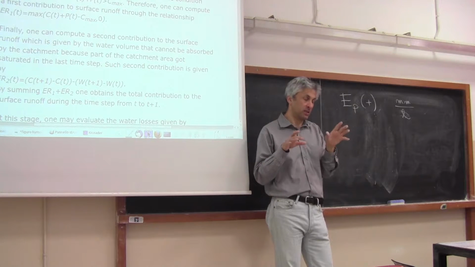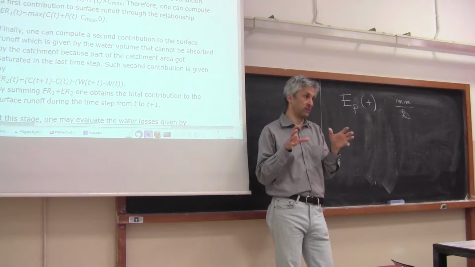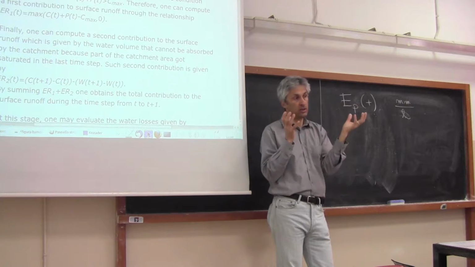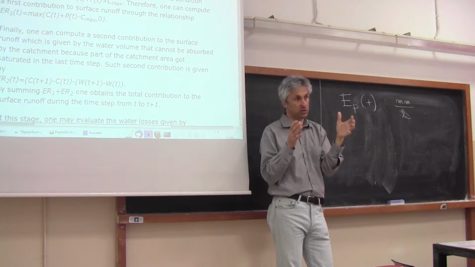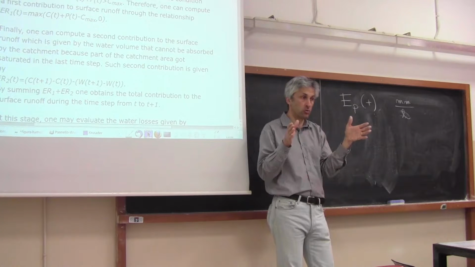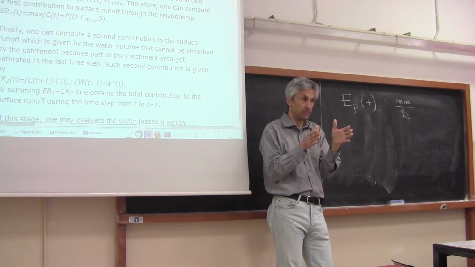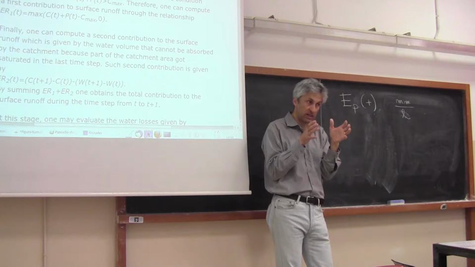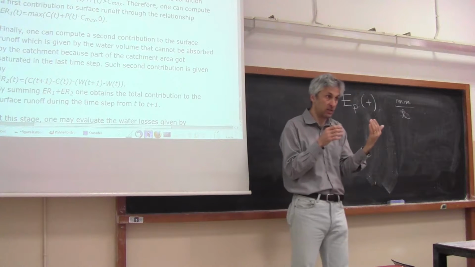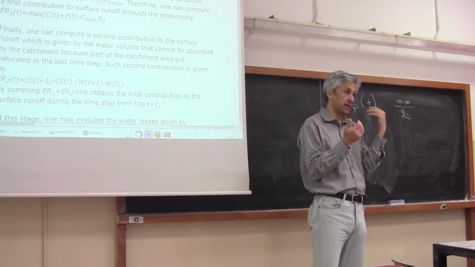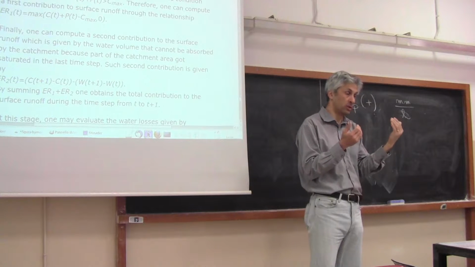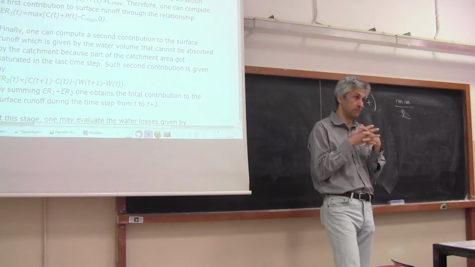Evaporation is not very influential in the overall water balance of the catchment because the water surfaces are usually very limited. Because I define it again, it's transfer of state of water from liquid to gas, to vapor, from the liquid surfaces.